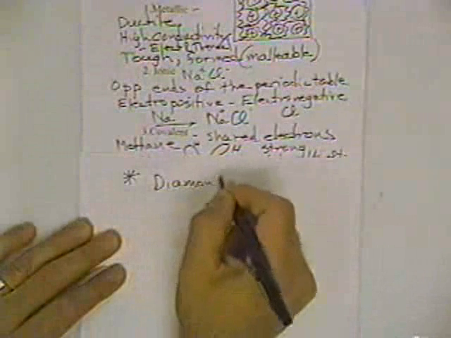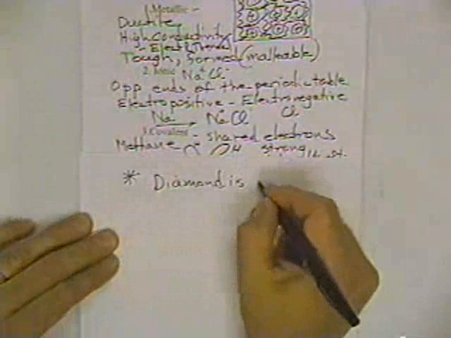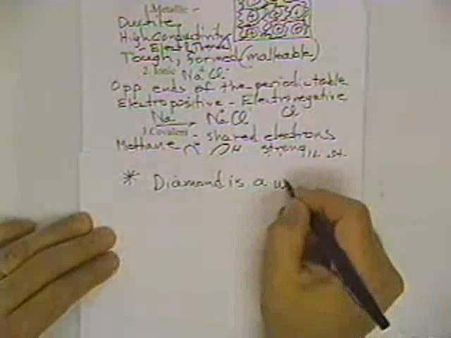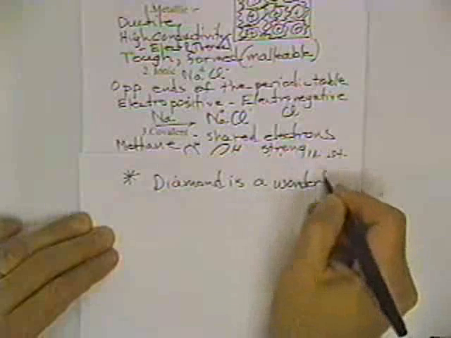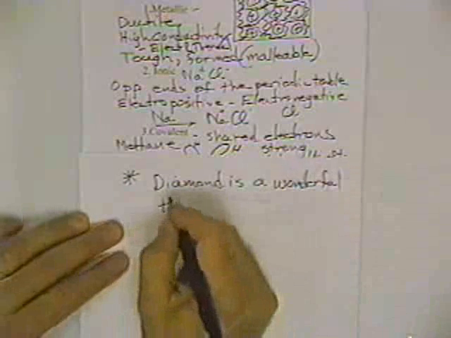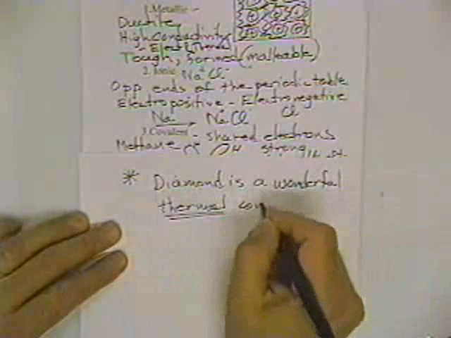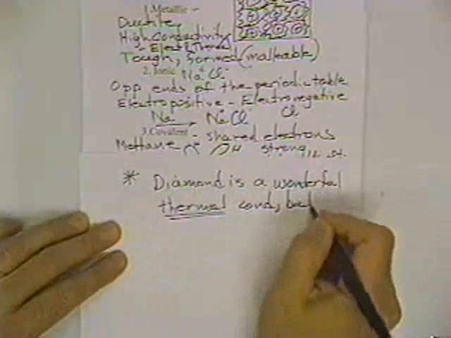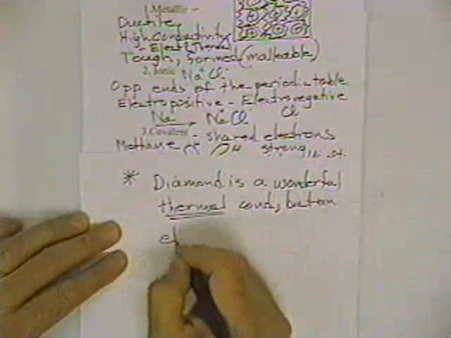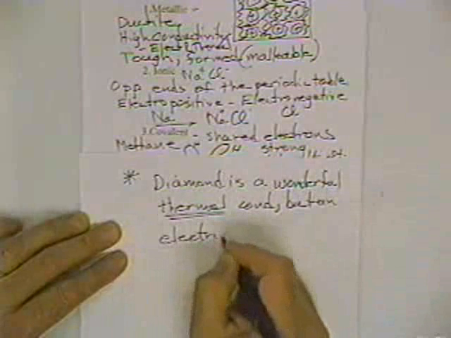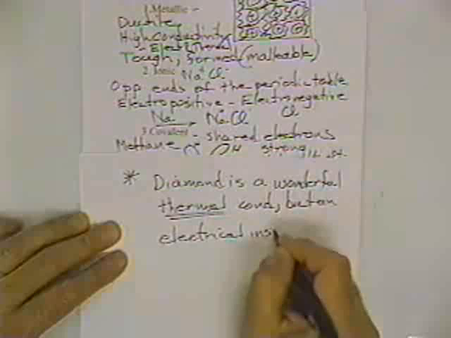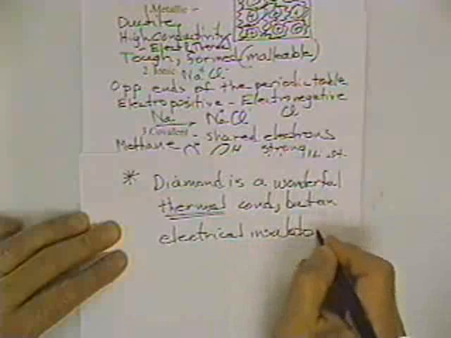diamond is a wonderful thermal conductor, but a very good electrical insulator.